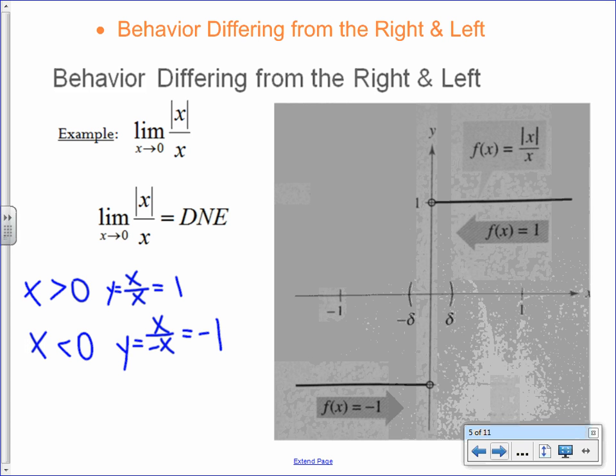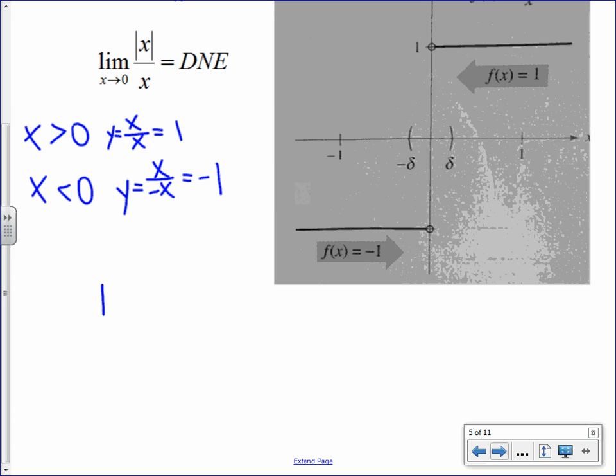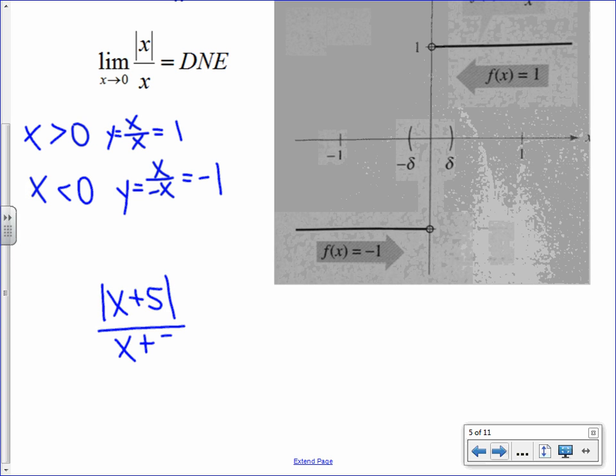Why did I not say anything about 0? Because it would be 0 over 0, and that would be a sad day, right? We can't have 0 over 0. So notice how these are two open circles. You will see this graph even translated, like you may have the absolute value of x plus 5 over x plus 5.